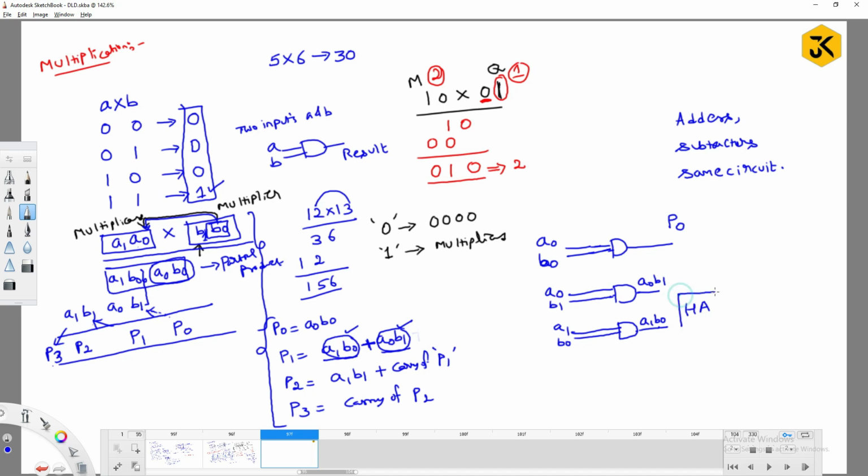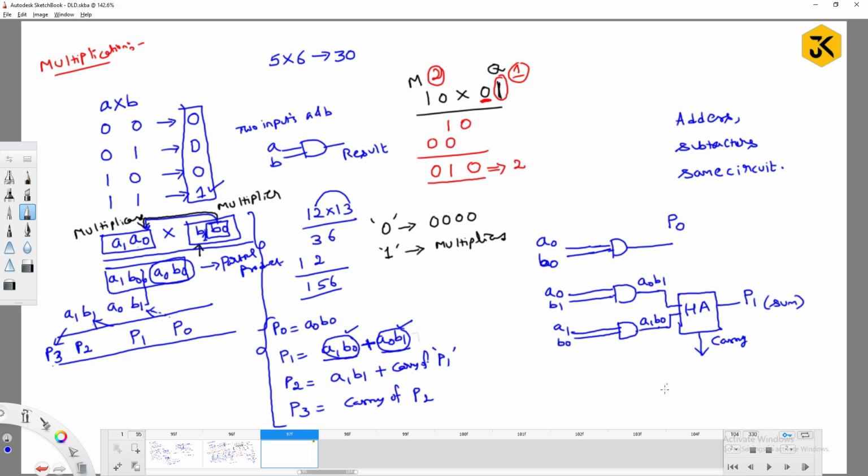A half adder is going to perform addition of only 2 bits. So I can give one input as a0 b1, another input as a1 b0. Then it is going to produce P1 as output. P1 as output means, indirectly I am saying, the sum of the two given inputs. Right? For this half adder, one carry is going to be generated.